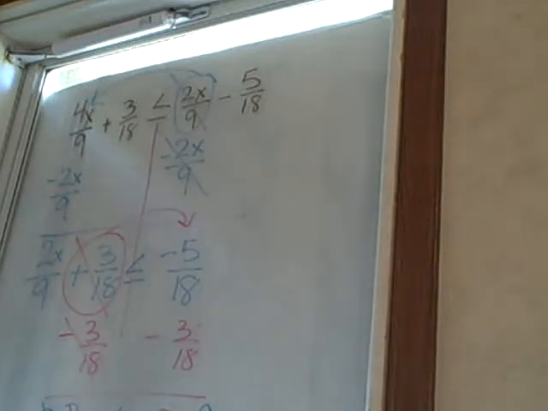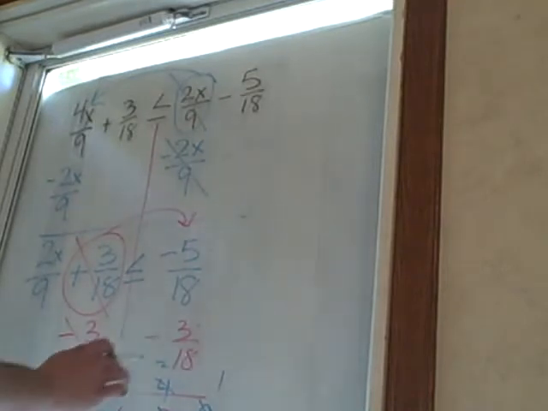On this side, they all cancel. Common factor is 2. That becomes a 1, that becomes a 4. Common factor is 9. That becomes a 1, that becomes a 2. Looking further at that 4 and 2, I can cross cancel a 2 out of that once and a 2 out of that twice. My final answer is x is less than or equal to negative 2 times 1, which is negative 2.